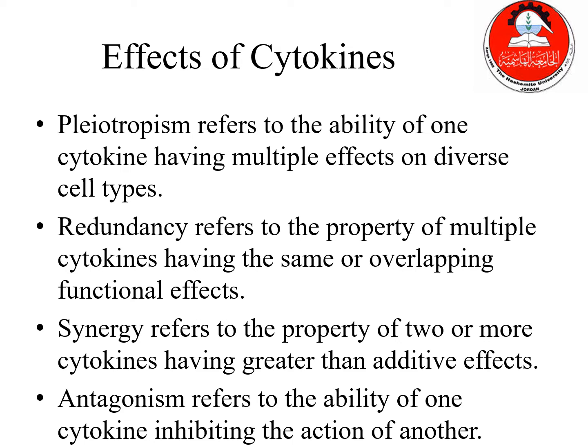Synergy refers to the property of two or more cytokines having greater than additive effect. And antagonism refers to the ability of one cytokine inhibiting the action of another. And in a previous lecture, we had a slide where these were mentioned: pleiotropism, redundancy, synergy, and antagonism.